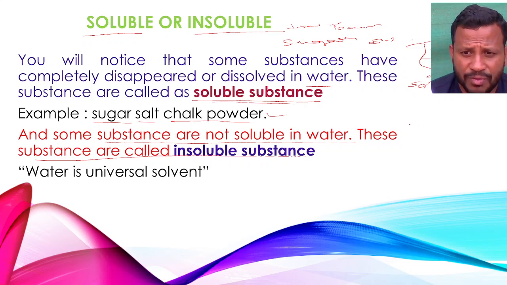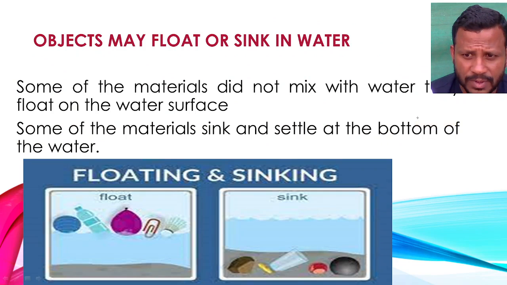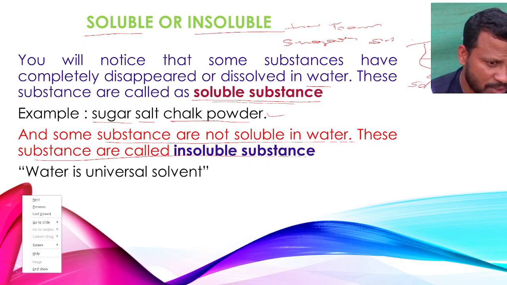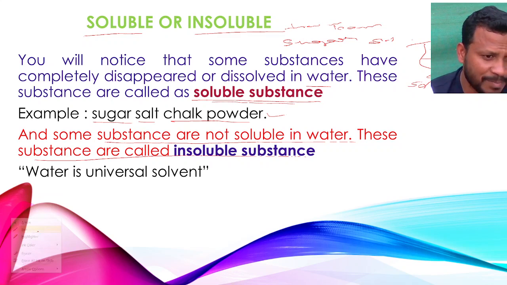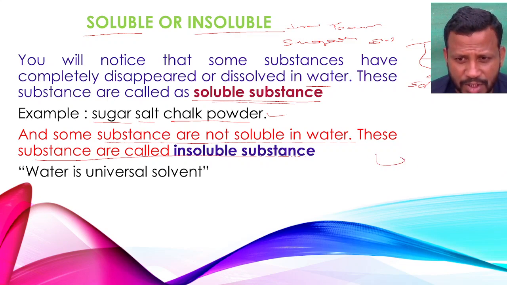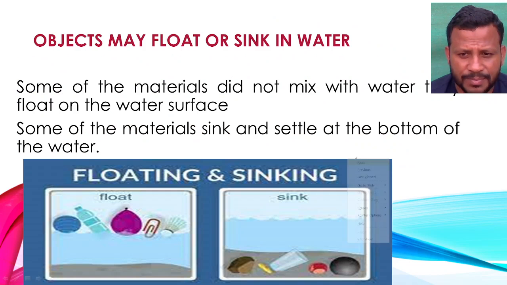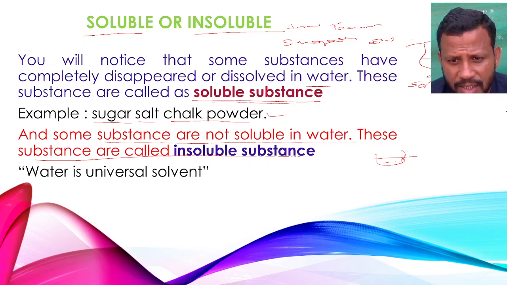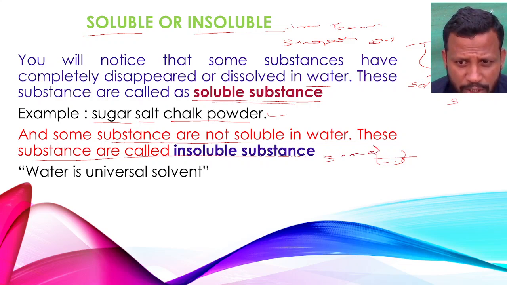Here, if we take some sand, sorry, there is a little bit of disturbance because this is the first time I am using the pen tab. If we take a jar or a mug, fill it half with water, put some sand in it, and stir it well or shake it well, we see that the sand does not dissolve in water.